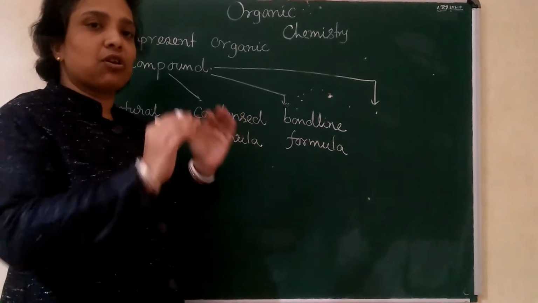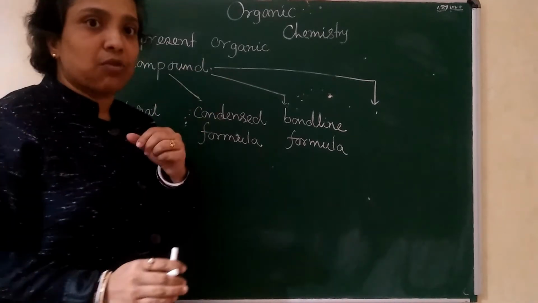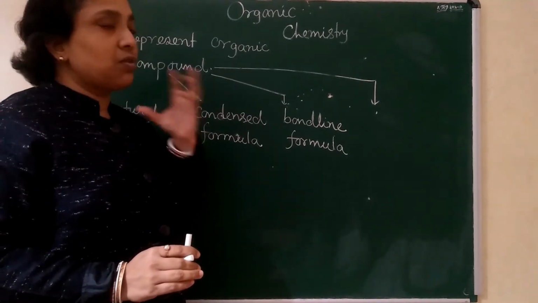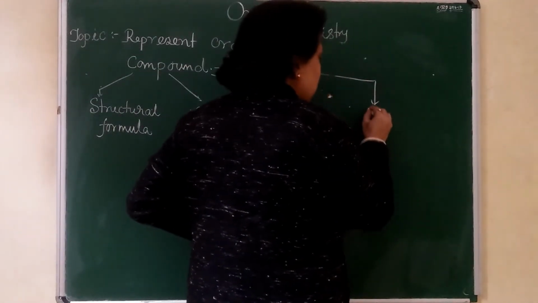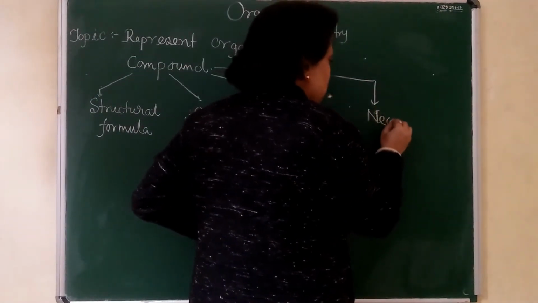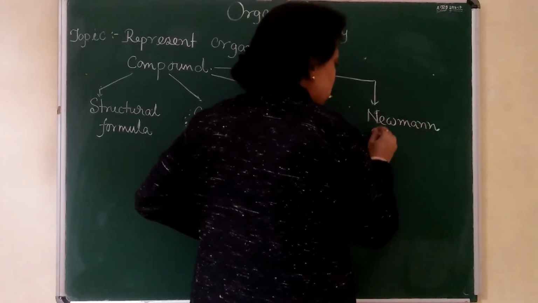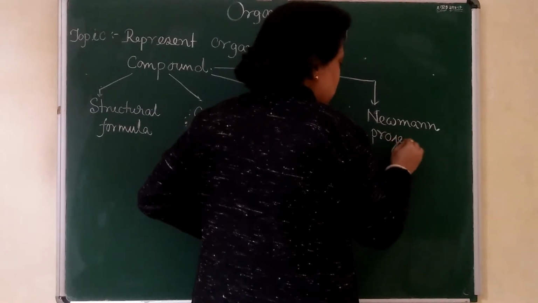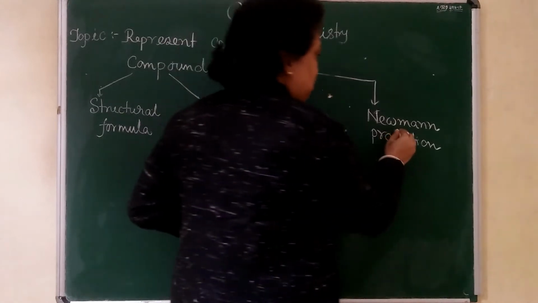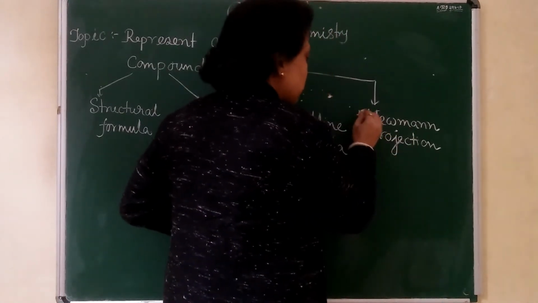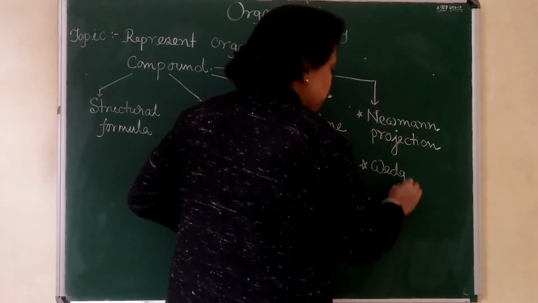But if you see the 3D structure of the molecule, we represent it in three different ways: Newman projection formula, this is one. Second one, wedge formula.